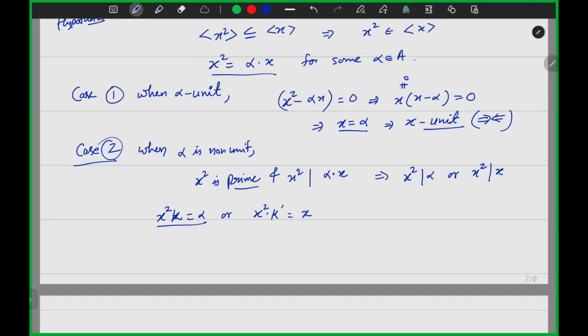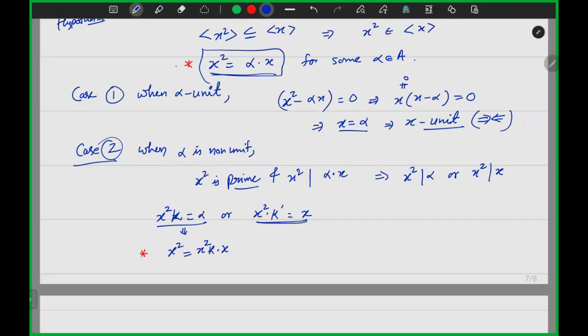Put this alpha in the above equation, where we have x square. Let me write it as star. This becomes x square is equal to, in place of alpha, x square k, and here we have x.